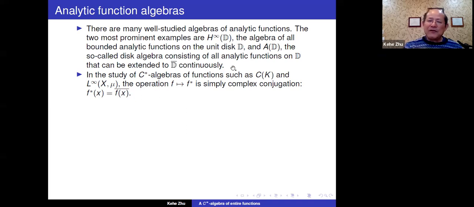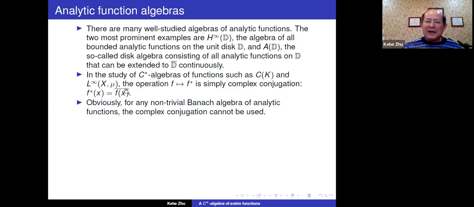But obviously, if you want to look at the classical examples like H infinity and A(D), the conjugation operation will not be defined on those algebras, because when you have an analytic function on any region, and you take the conjugate, most likely it's not going to be analytic again, unless the function is a constant. So the complex conjugation cannot be used to make Banach algebras like this into C-star algebras, because the conjugation is not going to work.